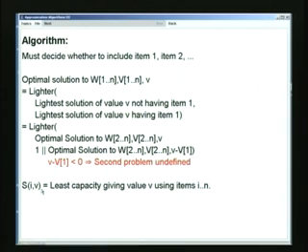So, S(i, V) is going to denote the least capacity knapsack which gives me value V using items i through n. So, now I am just going to take this expression that we derived and express it in terms of this kind. So, what is this optimal solution to W, V, V?